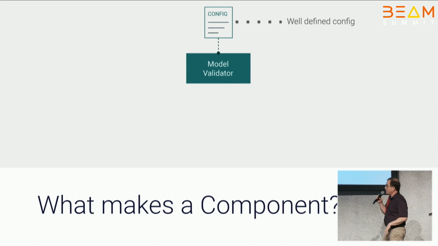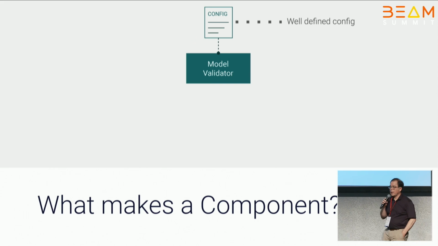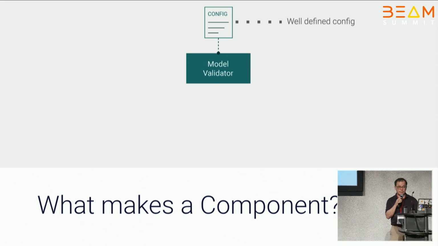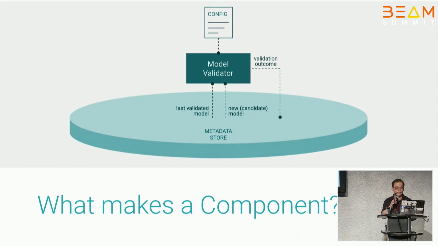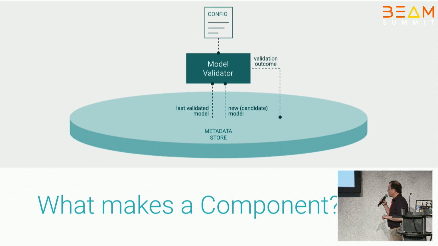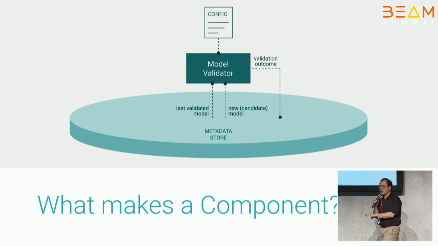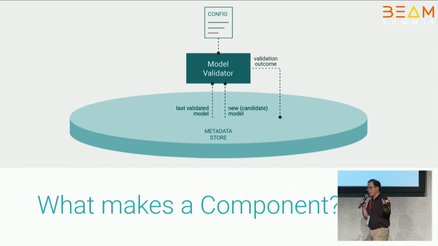You need a configuration for each component, and that configuration is written in Python. And in a lot of cases, it's like 1 or 2 lines. So configuration is important, and it's very flexible, and really pretty easy. The metadata store is a key component that we're going to get into in a little bit, but what I want you to take away from this is that the component is taking input, including the state of the environment, from the metadata store.